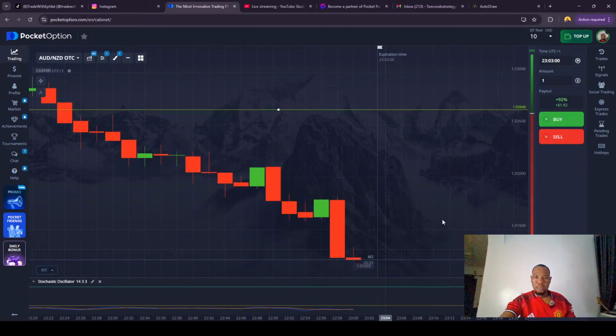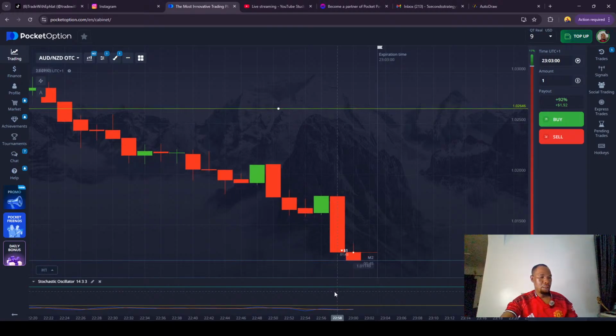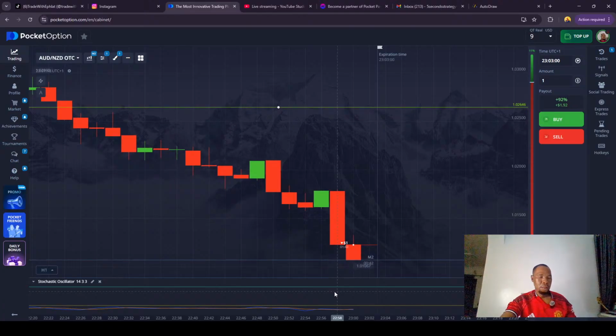Okay, so it has broken the low, and I can enter into a sell position. So I can sell now, and let's see how it's going to end.